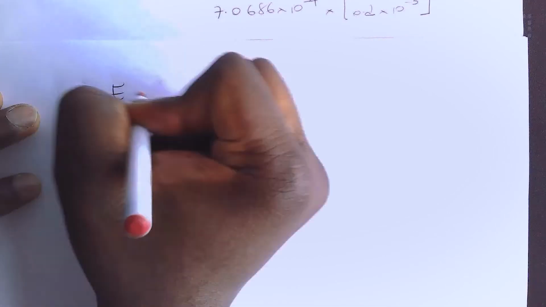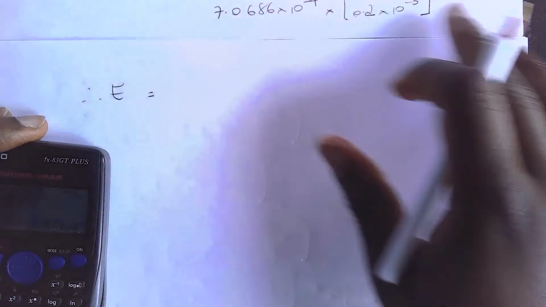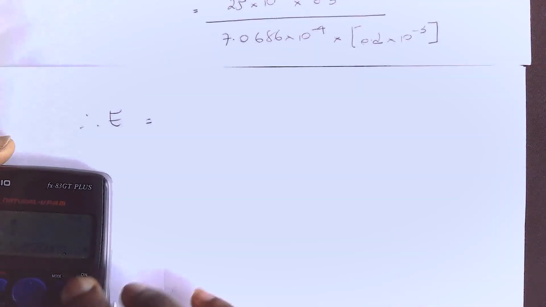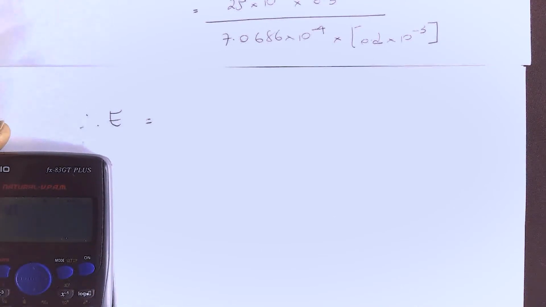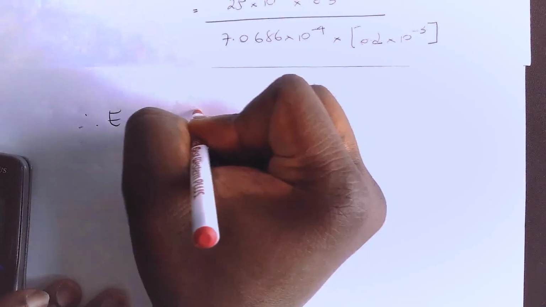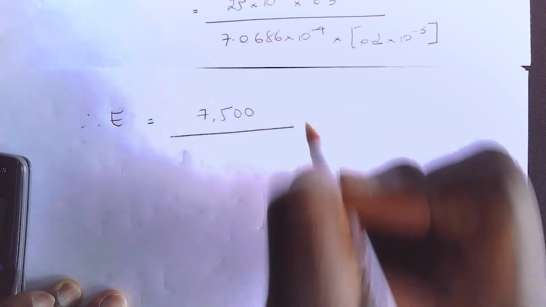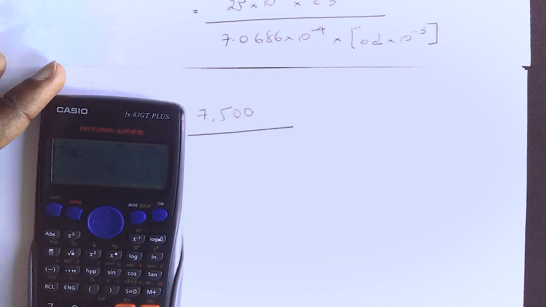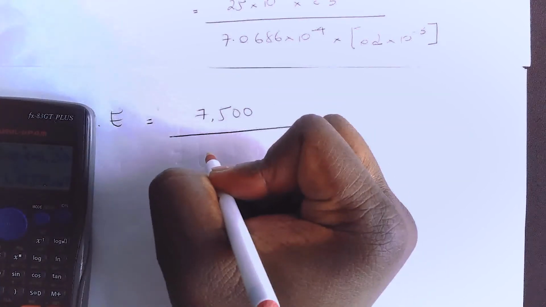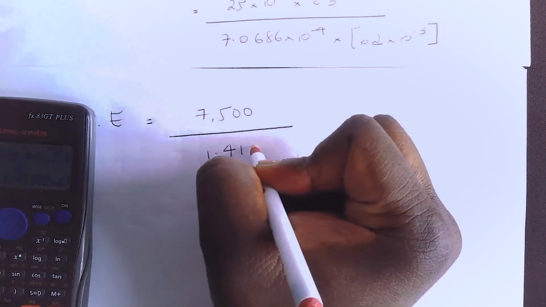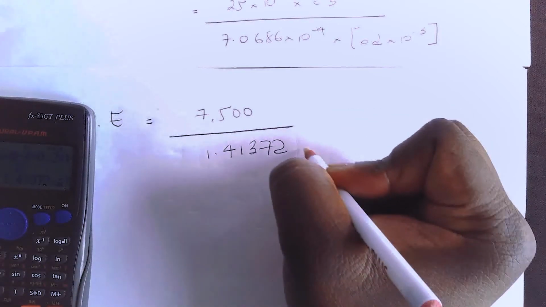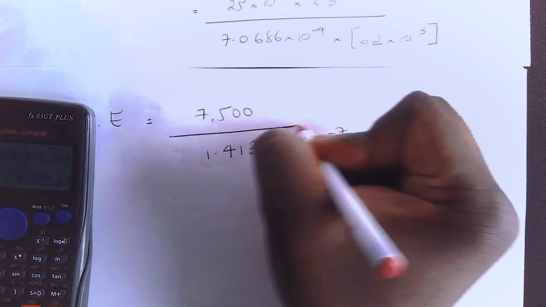So the Young's modulus is equal to, let's do the needed computation by multiplying 25,000 by 0.3, and that gives 7,500, all divided by 7.0686 times 10 to the power minus 4 times 0.2 times 10 to the power minus 3, and that gives 1.41372 times 10 to the power minus 7.